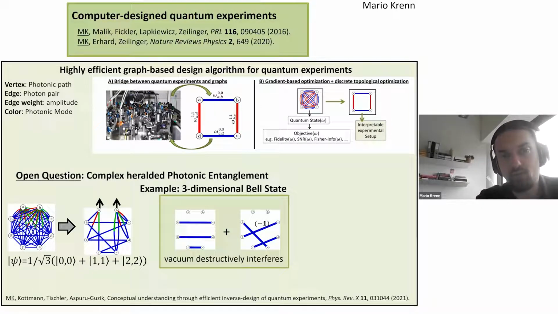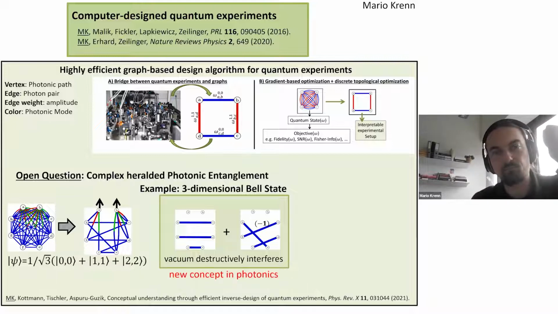So what the computer came up with, it created this vacuum twice with a different sign. So it was able to destructively interfere these vacuum contributions. So by destructively interfering them, it was clear that everything that comes out is the correct quantum state, is not a vacuum at least.